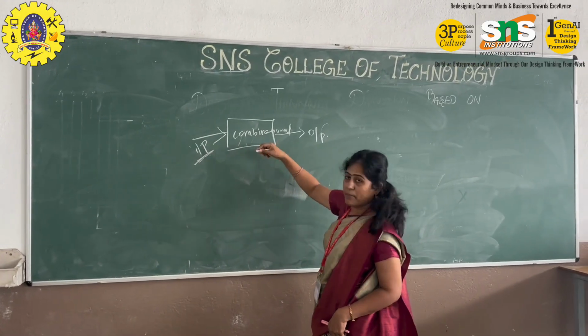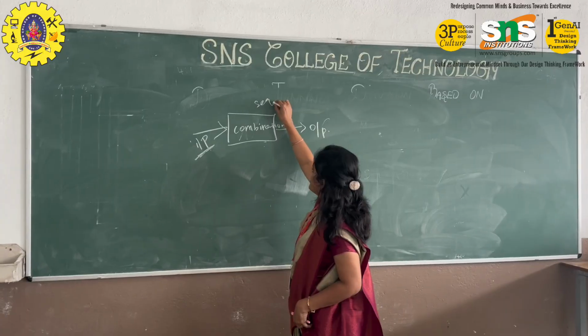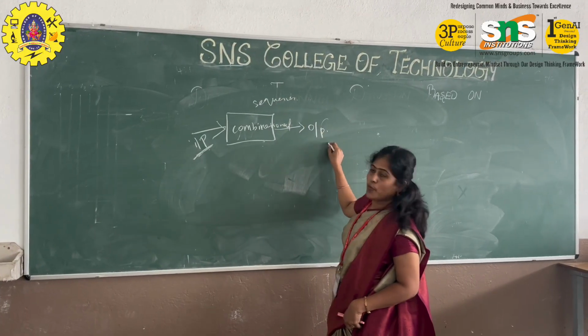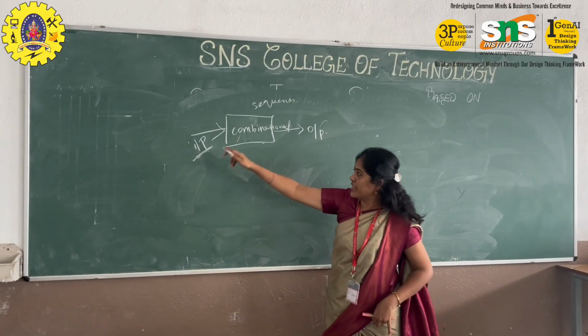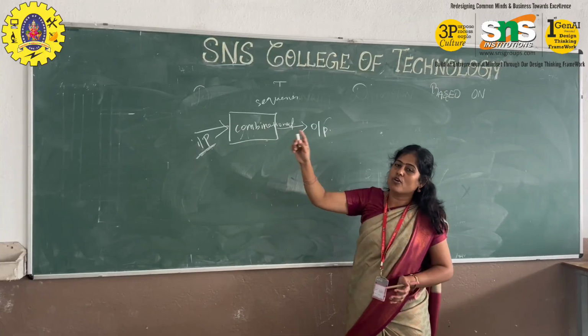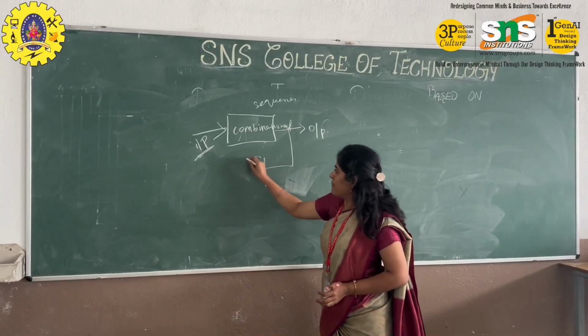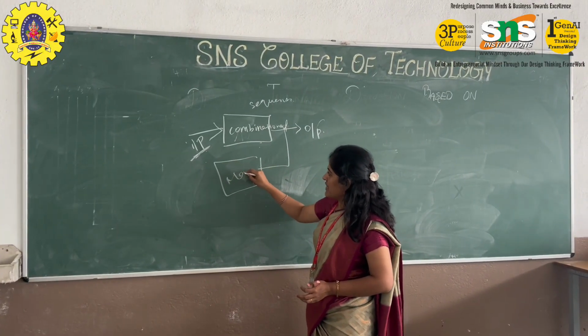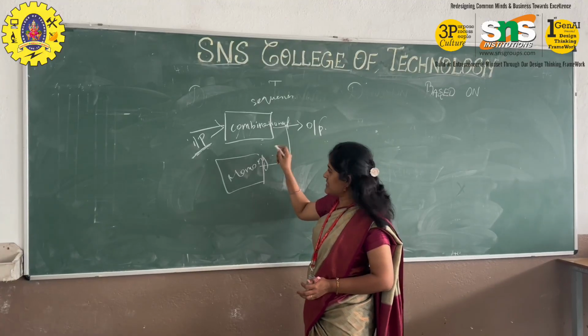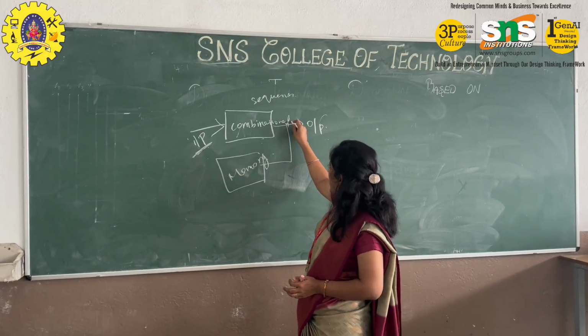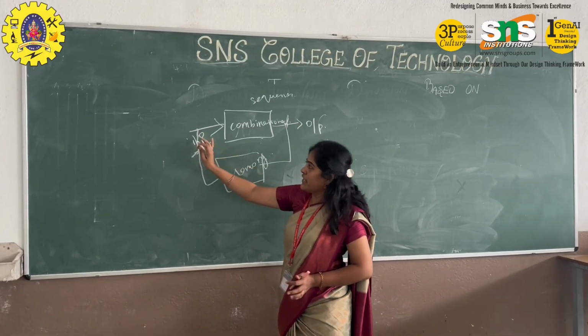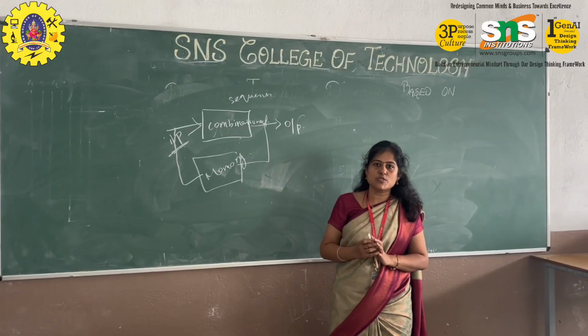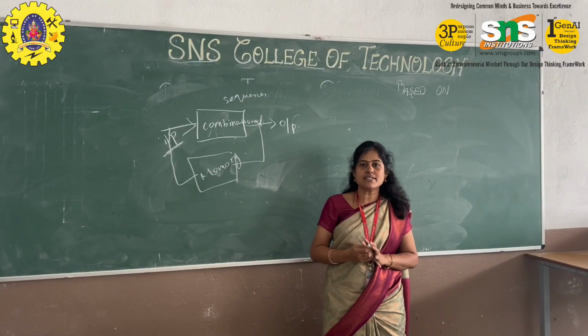But in a sequential circuit, the output depends on the input as well as the previous output. For that, we need a memory. So when we add a memory to the combinational circuit, it becomes a sequential circuit, and part of the output is fed back to the input also. This is the difference between a combinational circuit and a sequential circuit.